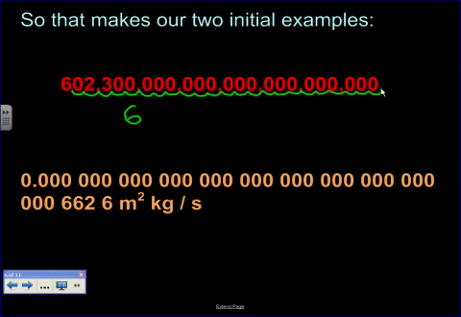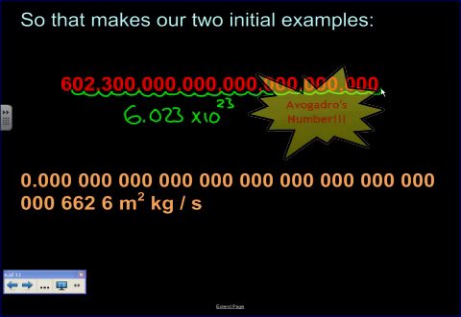So we're going to have 6.023 times 10 to the 23rd. That's obviously the case where we did need to put in scientific notation. I couldn't even get that first number in the calculator, but that scientific notation one I can. We'll talk in a minute about how to get that into the calculator.